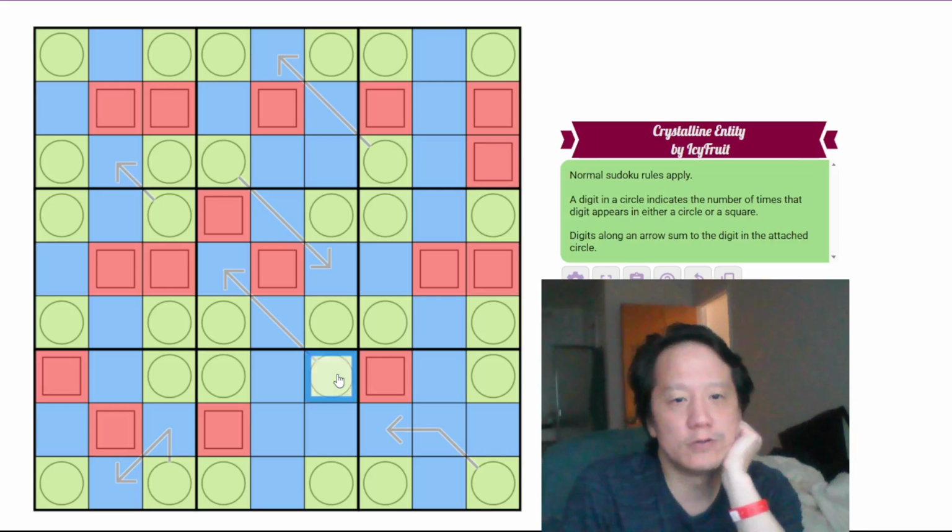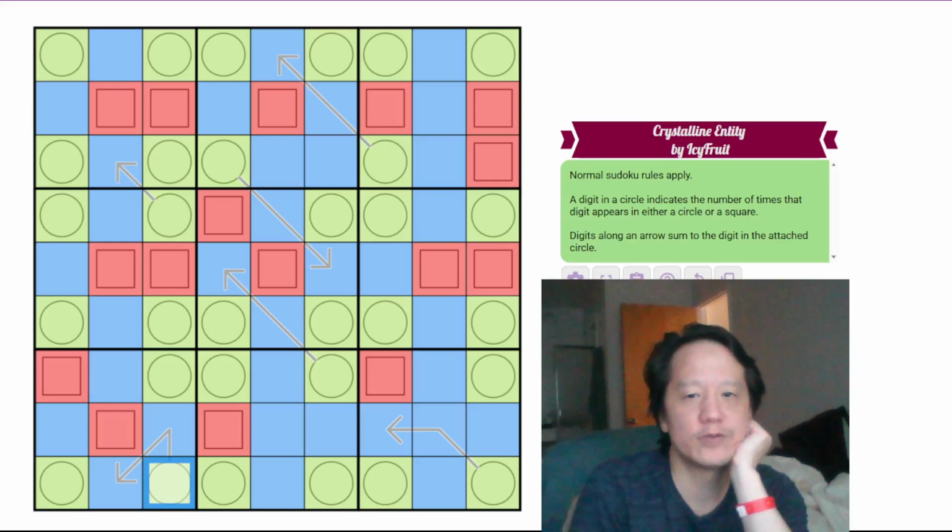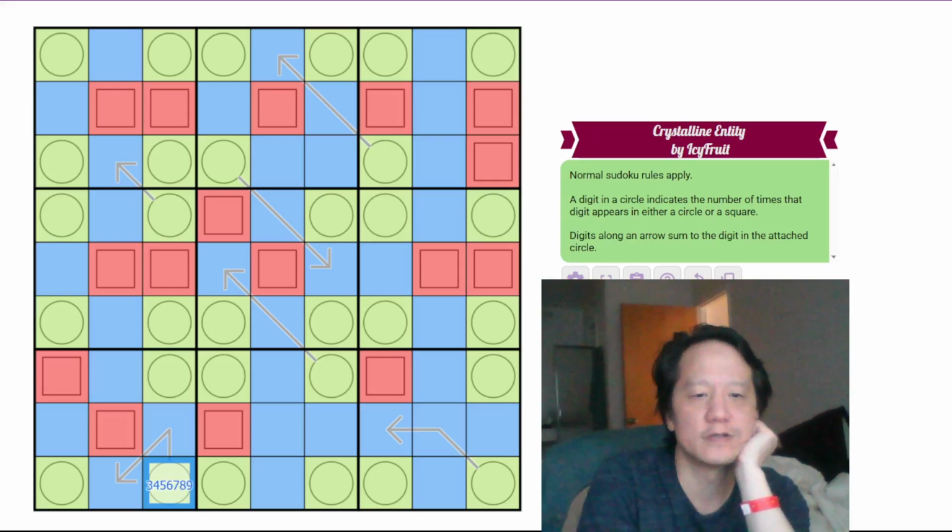The arrows with two unique digits on them have to be 3 through 9, obviously, right? 3 through 9, 3 through 9, 3 through 9, and 3 through 9.